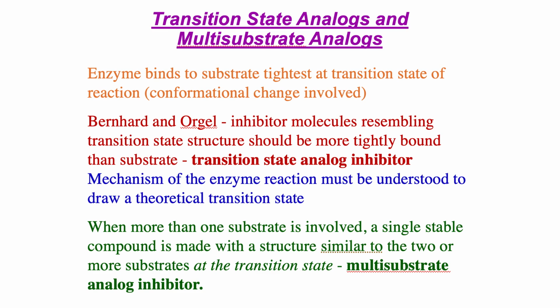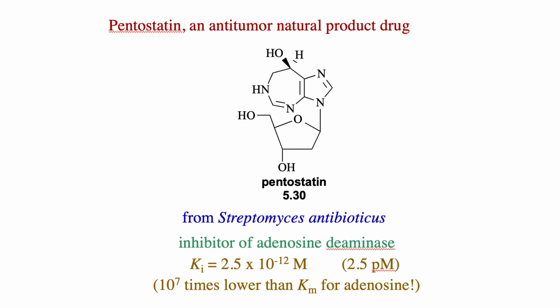Okay, transition state analogs and multisubstrate analogs. This is taking advantage of the fact that the enzyme binds to the substrate tightest at the transition state. So here's an anti-tumor natural product drug. You can see how this looks like adenosine, and it inhibits adenosine deaminase.